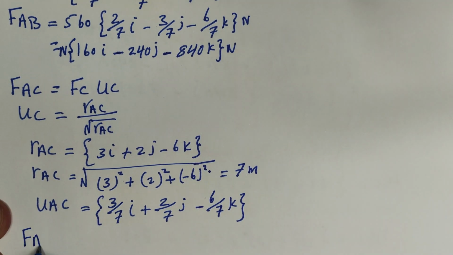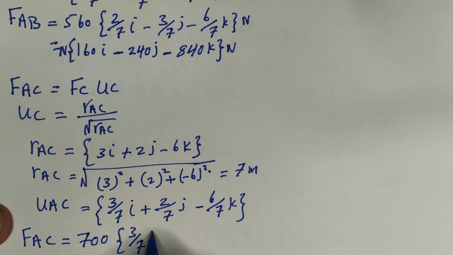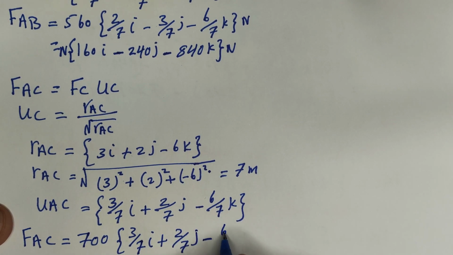Finding FAC, which is equal to FC itself, which is 700 Newton, multiplied by the UC, 3 over 7 i, 2 over 7 j minus 6 over 7 k.